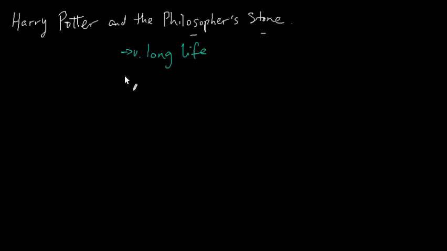But there is another purpose of the Philosopher's Stone, an idea that has been around for hundreds of years, even before the time of Isaac Newton, and Isaac Newton was very interested in it, which is that the Philosopher's Stone is supposed to be something that can change lead to gold.